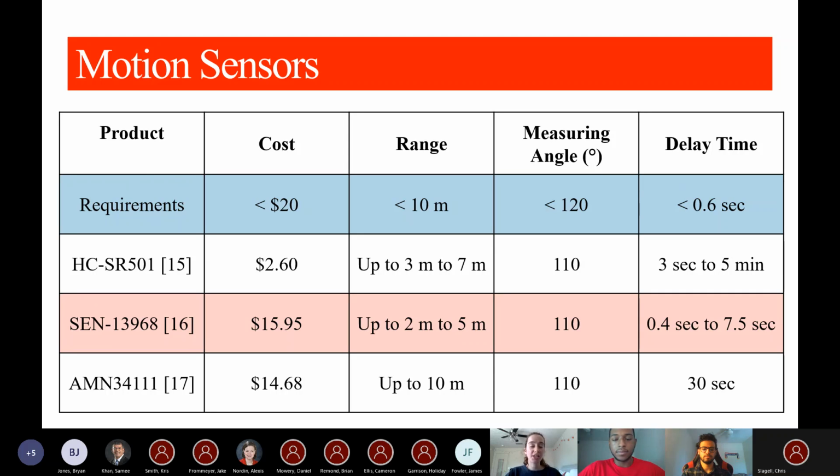This is because the average human cadence is around 110 to 115 steps per minute, which translates roughly to 0.6 seconds per step. As we can see, the SEN-13968 meets this requirement, with a delay time of 0.4 seconds for taking one measurement. Because of this and the fact that it met all of the requirements, we selected it as our PIR sensor.